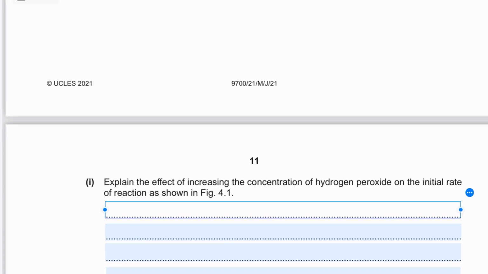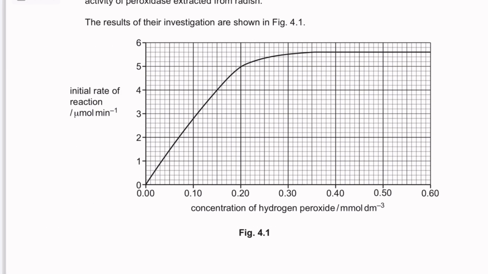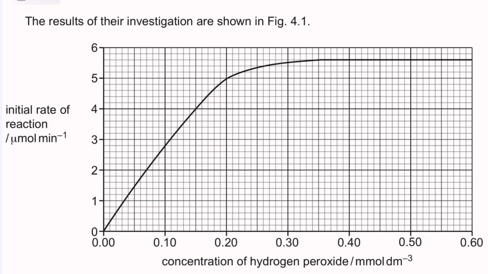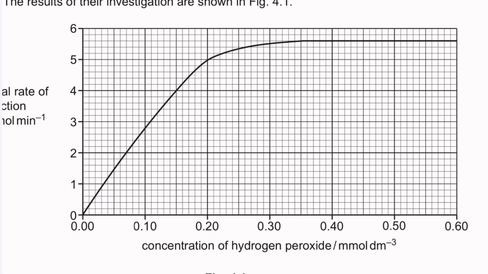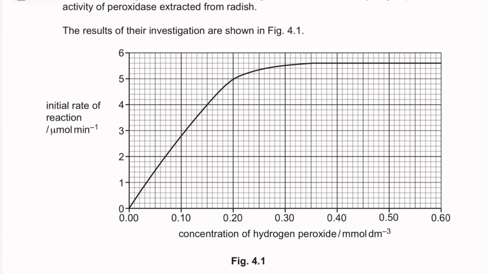Sure. So let's look back to the figure. You can see that as substrate concentration increases, the rate of reaction increases up until maybe 0.30, and after that we reach a plateau, which was actually reached at about 0.35. When we reach this plateau, the rate of reaction is constant and no longer increasing as you increase the substrate concentration, since the enzyme active sites are fully saturated with substrate.